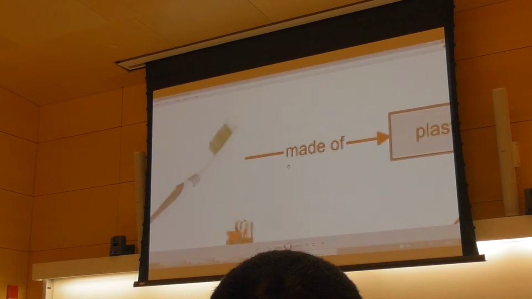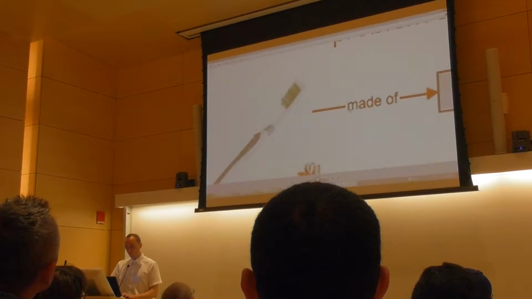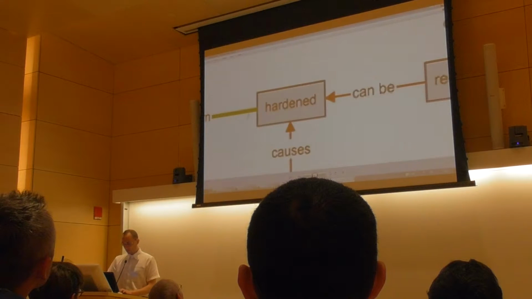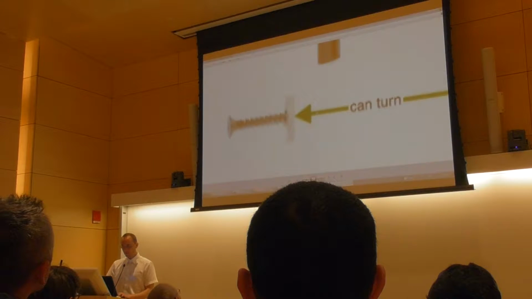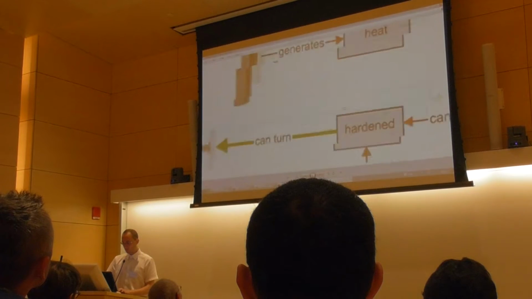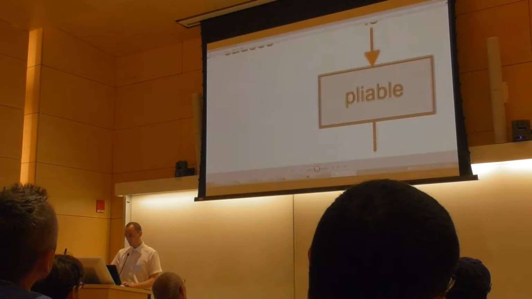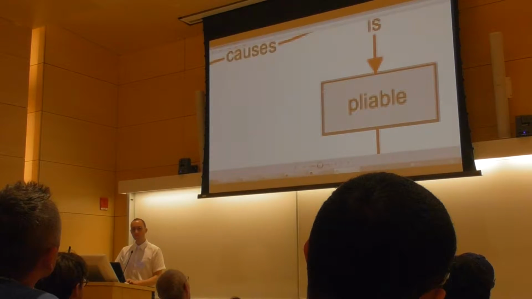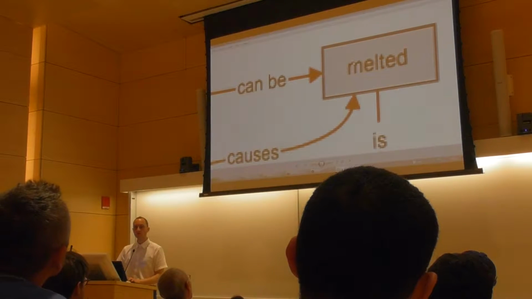Let's say we know some pieces of knowledge already, like that a toothbrush is made of plastic, that hardened objects in the right shape might be able to unscrew our screw, that plastic can be melted, that if something is melted, it is pliable, that heat causes things to melt.